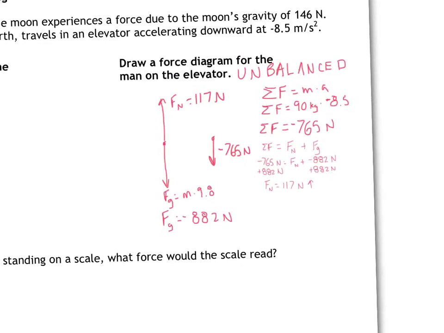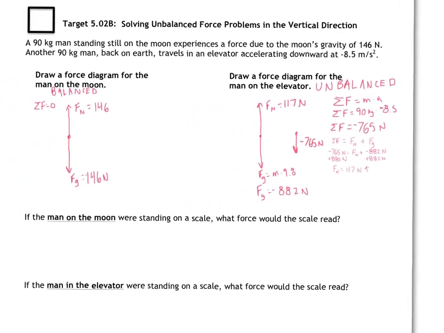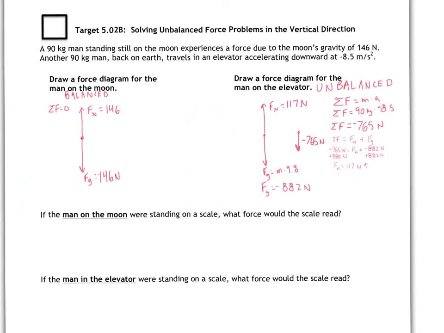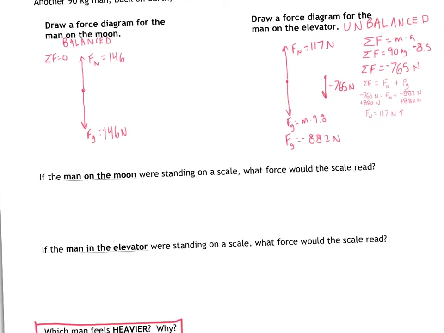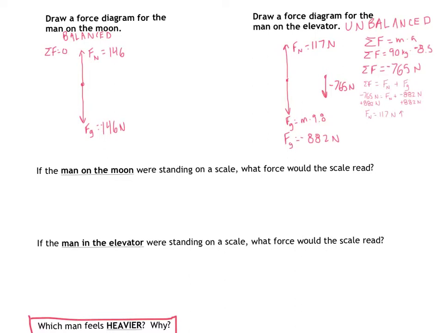So now that we have this detailed information about the forces acting on the two men, we can start worrying about the solutions to the problems below. So if the man on the moon were standing on a scale, what force would the scale read? Based on our discussion on elevator physics, we know that the scale reads the normal force.